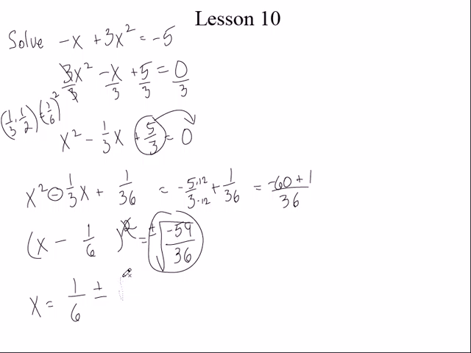So watch, we've got the square root of 59, and then I have an i out here because there was a negative inside the square root. We've talked about that before. Over, do I need to put square root of 36? What is the square root of 36? It's just plain old 6. And there it is. That's my answer. Not the prettiest thing I've ever seen, but that's what the answer is.